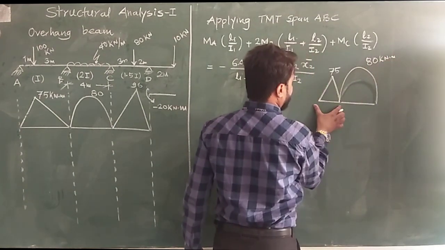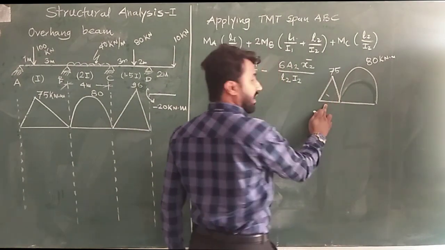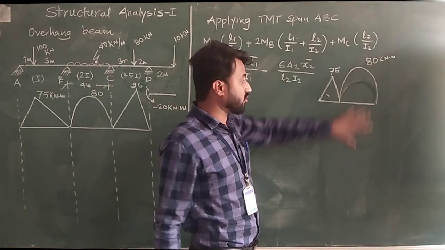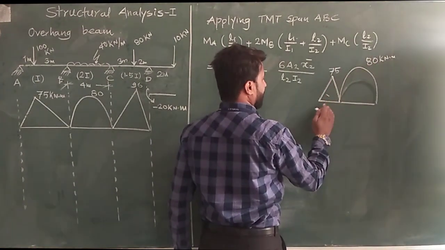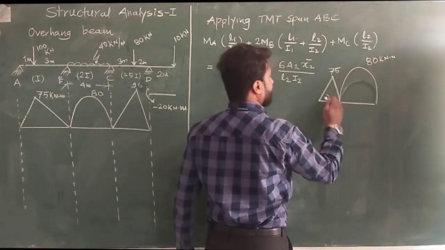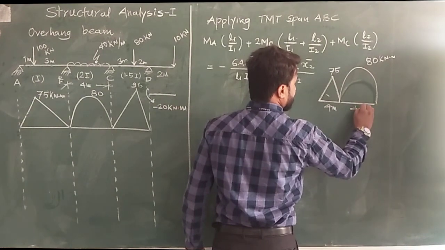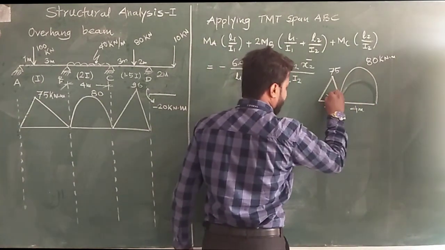This is the first bending moment diagram, this is the second bending moment diagram. The area of the first bending moment diagram is half base into height, and the area of the second is 2/3 base into height, where height we know, base we know. This is 4 meter, this is 4 meter, so we can calculate area 1 and area 2 directly.